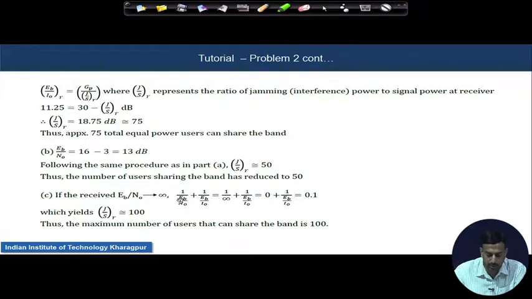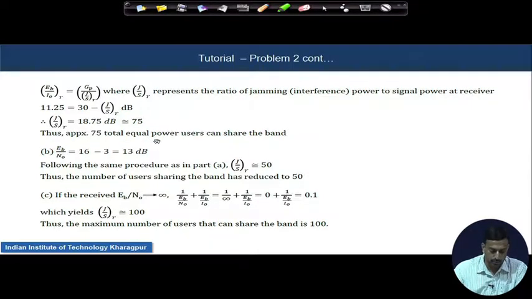So the number of users supported has now increased because we are taking the limit as Eb by N naught tends to infinity, which is a good thing, because what we are saying is signal power increases manifold compared to noise power, in which case the number of users supported is more than what has been found out in part A.